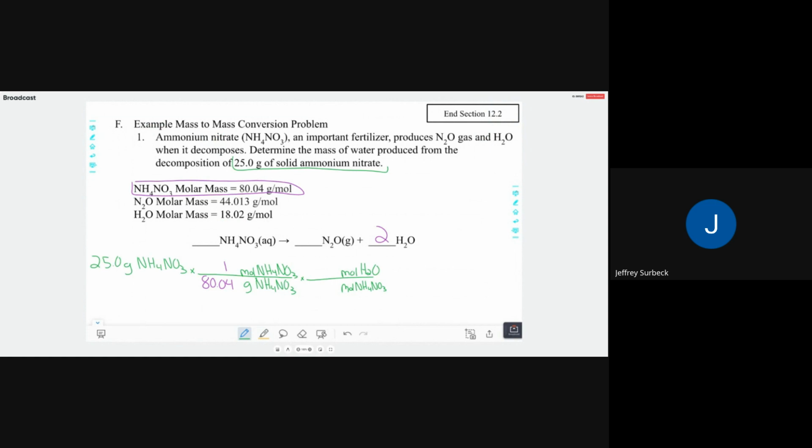Coefficients. On bottom with NH4NO3, nothing's written, but we assume that's what number? 1. On top, H2O, what coefficient is in front of H2O? 2. And we're not quite done yet because we want mass. We want the number of grams of water vapor. So we got to do one more conversion.